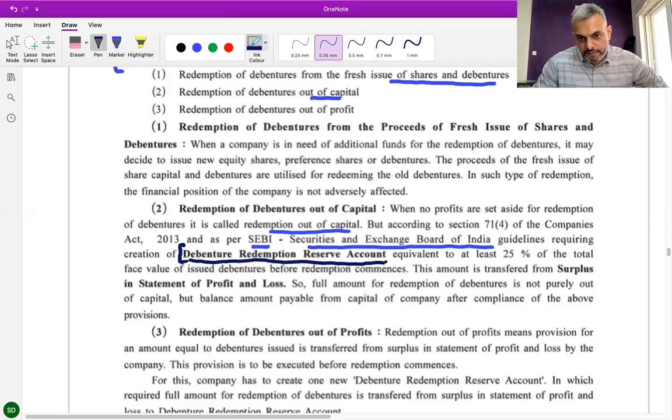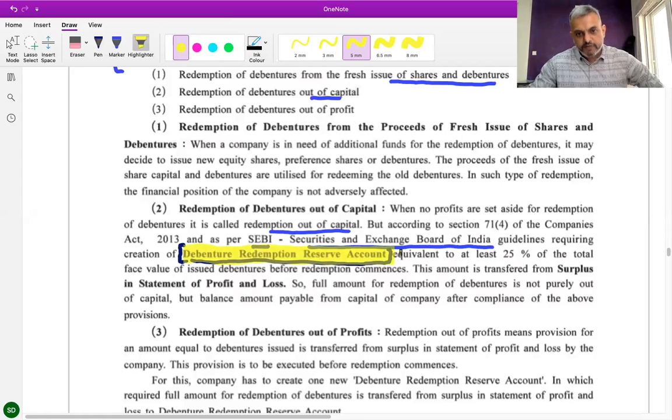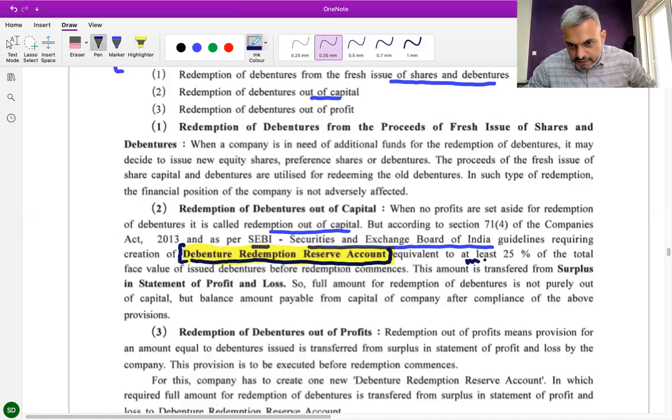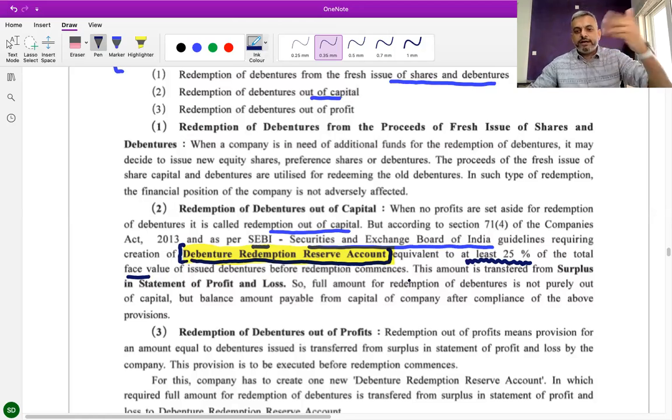This is very important, so you highlight this: debenture redemption reserve account. Equivalent to how much do you have to create? At least 25% of the total face value of issued debentures before the redemption commences.